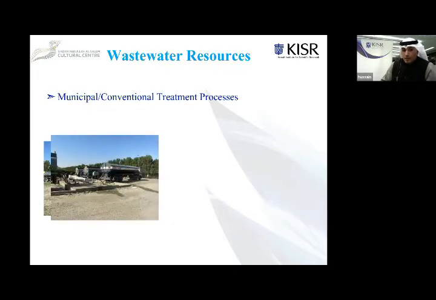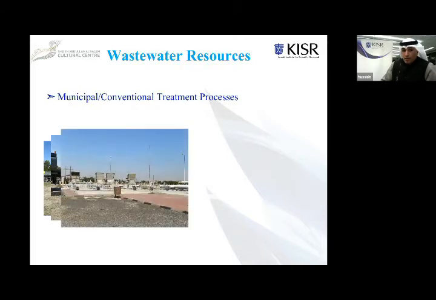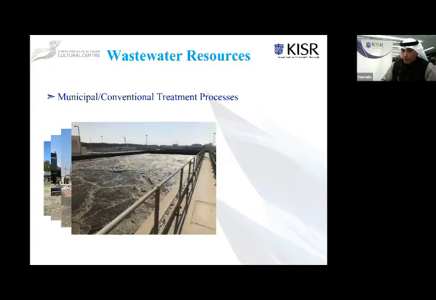The next stage is also evacuating and distributing the water in the preliminary stage. Here, the picture shows the screen for the floating cans and plastic bags, followed by the aeration tank that we discussed in the secondary phase.